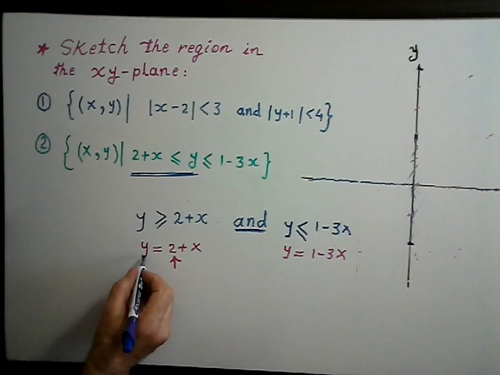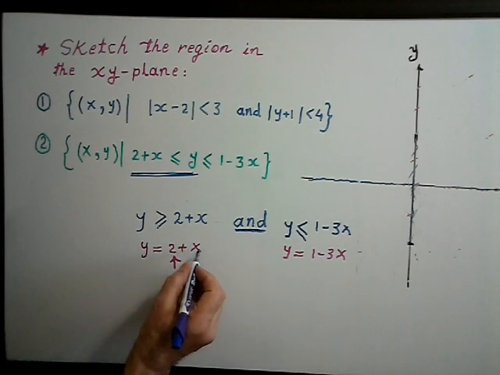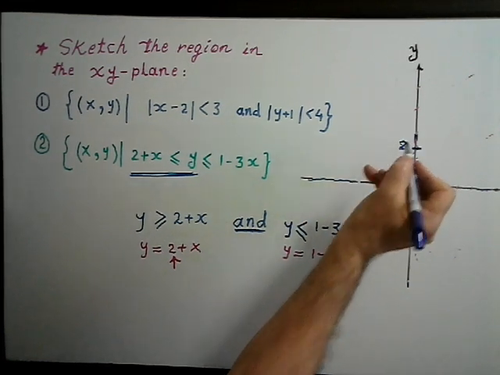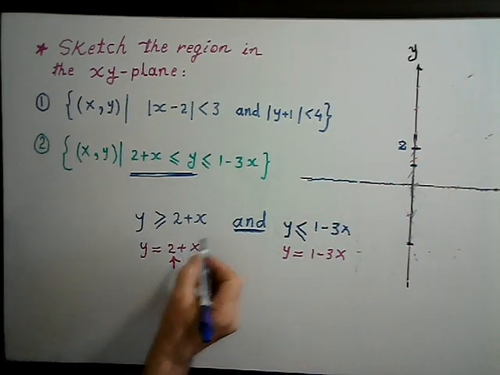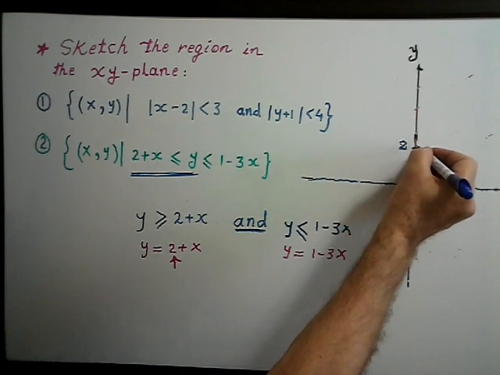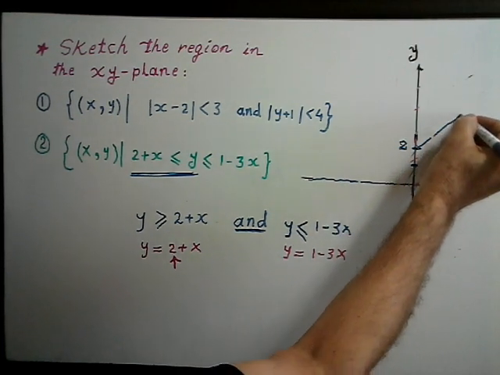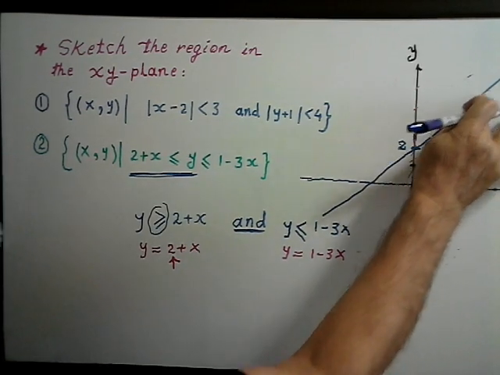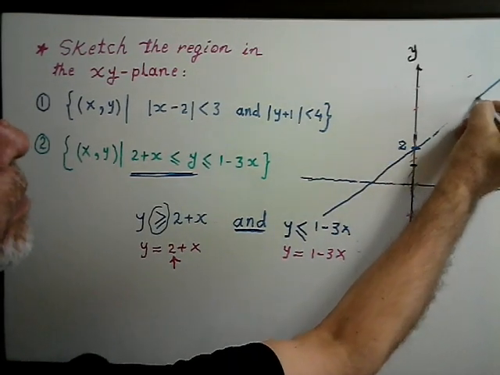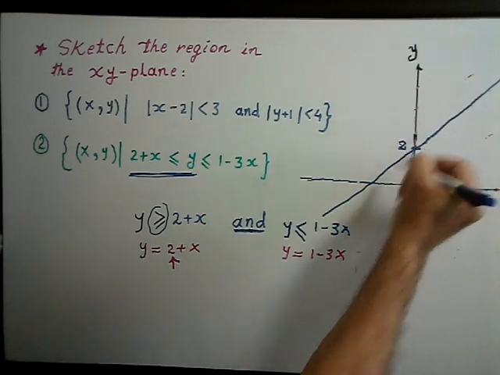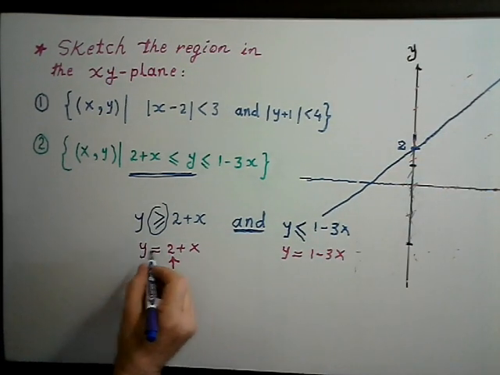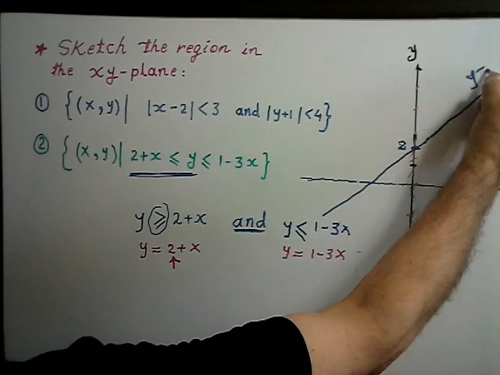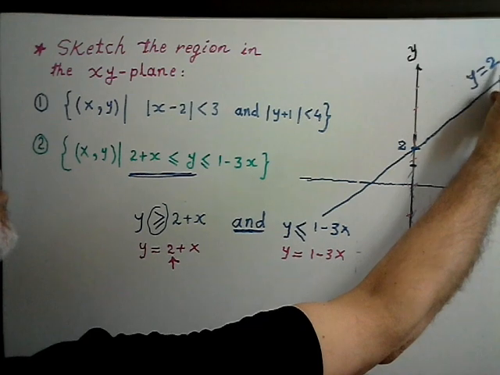When y is equal to 2 plus x, that means the y-intercept is 2 here, and the slope is 1, so the line will be this line. The line is continuous, not dotted or discontinuous. This represents y is equal to 2 plus x.